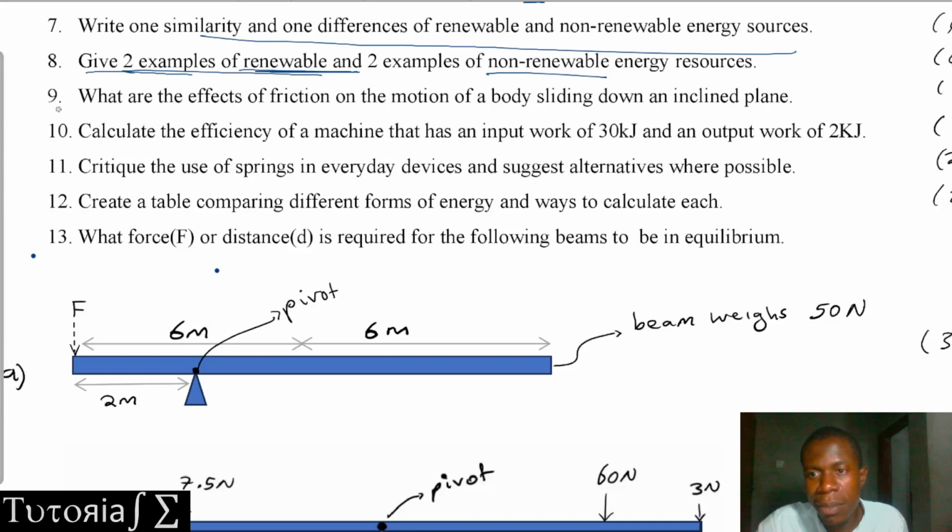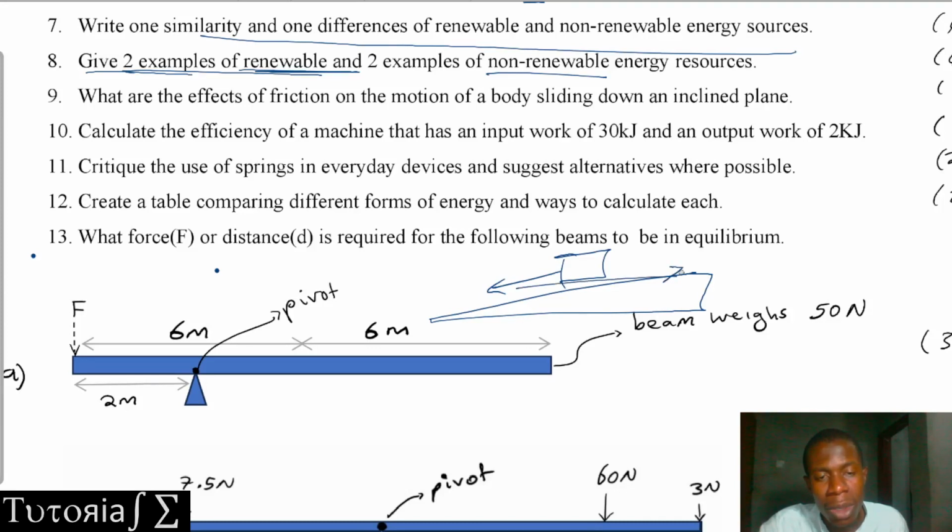Okay. Question number 9. What are the effects of friction on the motion of a body sliding down an incline? So if this is an incline and the body is sliding down, what will be the effects of friction? Friction is acting in the opposite direction, which will cause the body to slow down as it is going down, or barely move, or it will affect its acceleration.